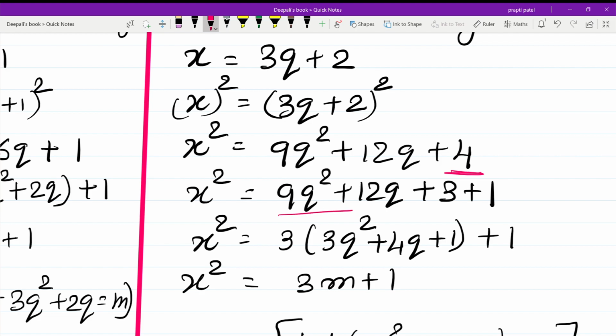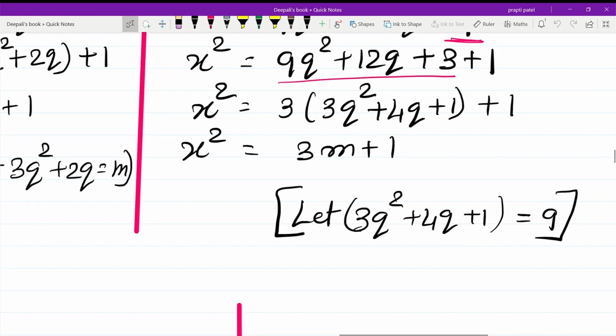If I remove 3 common from this part, I get 3 into 3q square plus 4q plus 1, which can be written in the form of 3m plus 1, because we are supposing 3q square plus 4q plus 1 as m.